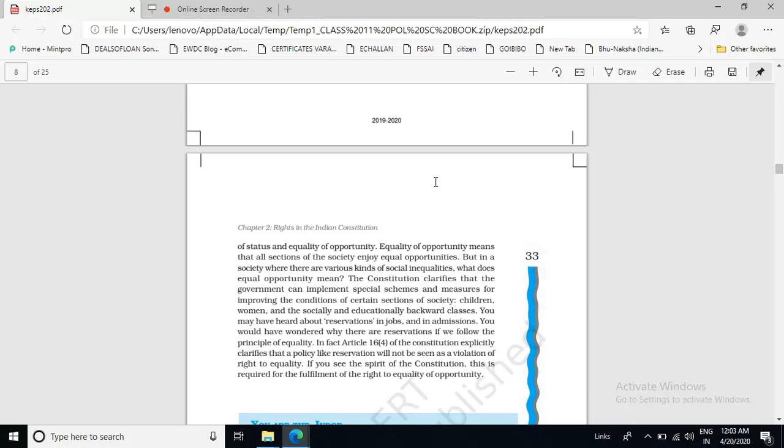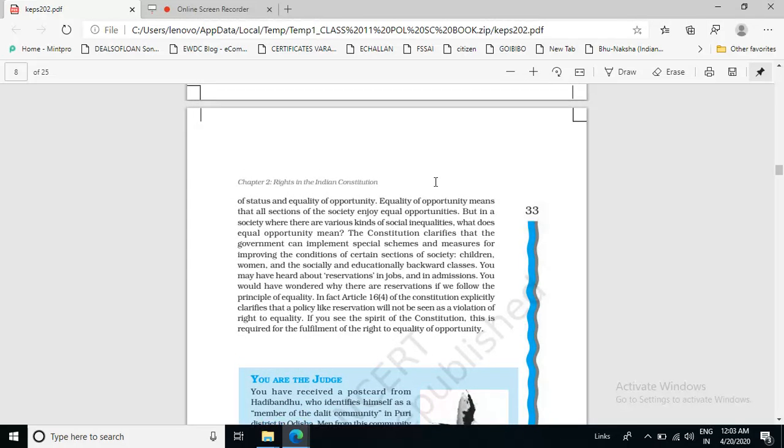This unequal treatment is being done in order to gain some positive result, in order to remove the inequality in the society. So it cannot be considered a violation of the right to equality.